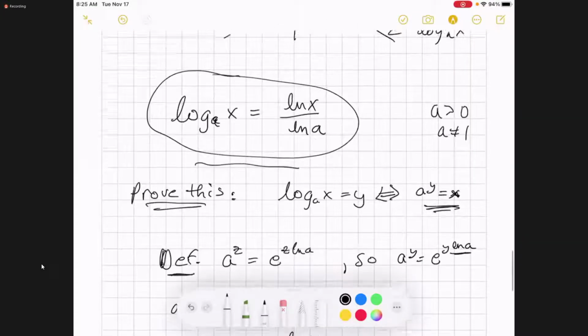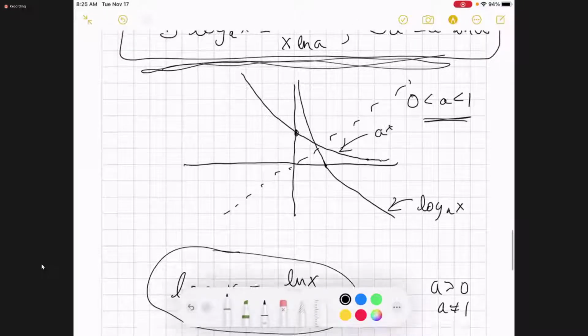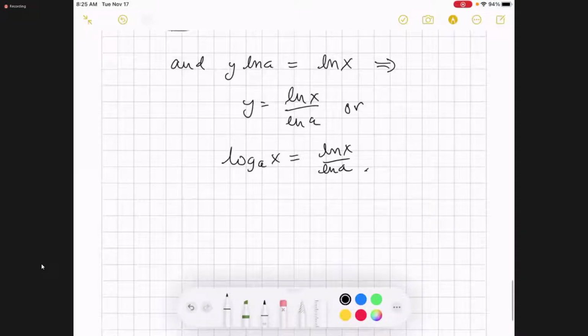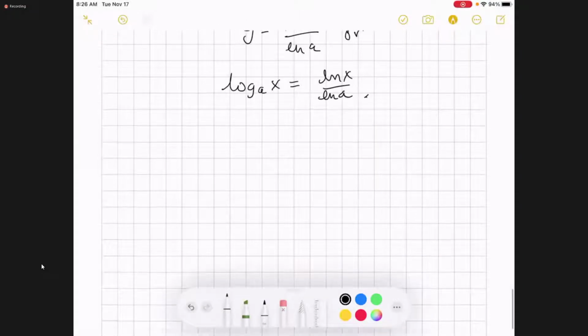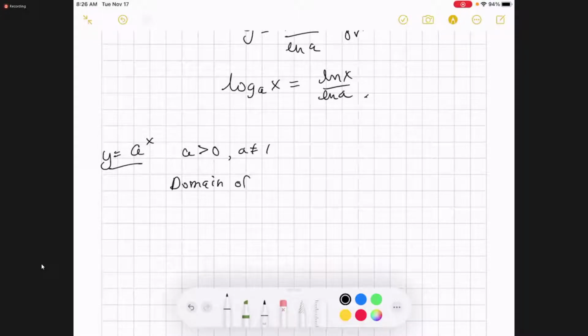So we've got some basic properties here. Let's write them down. For a to the x, with a positive and a not equal to 1, the domain of a to the x is all reals.